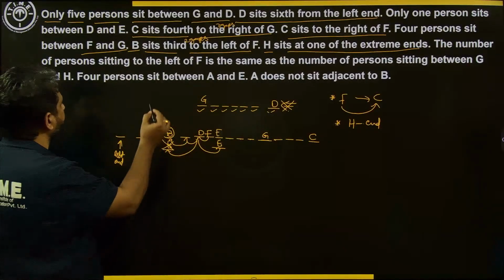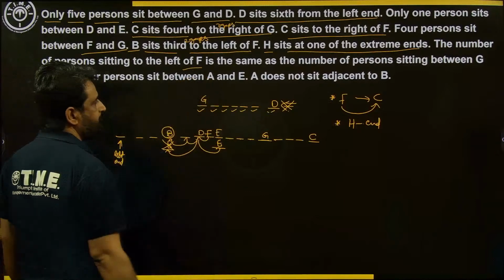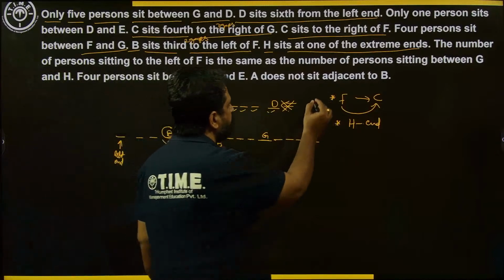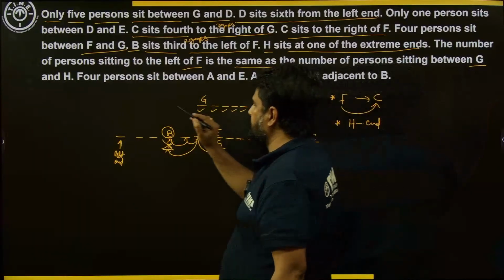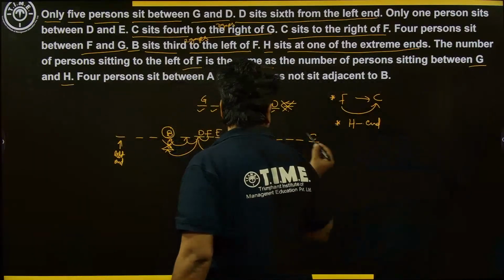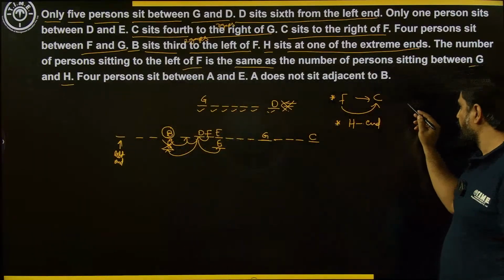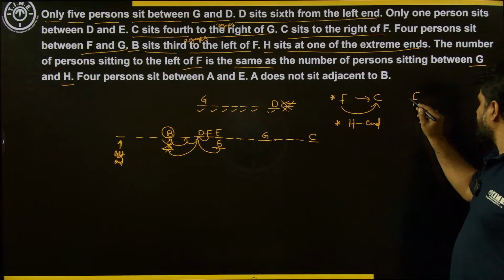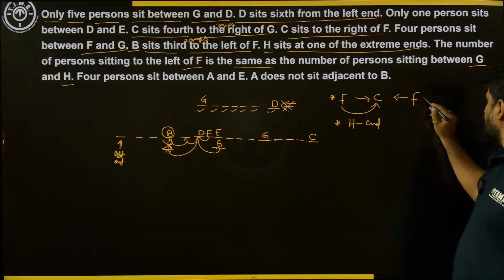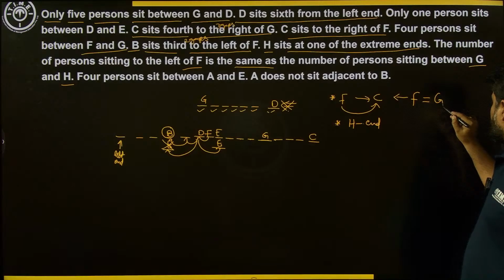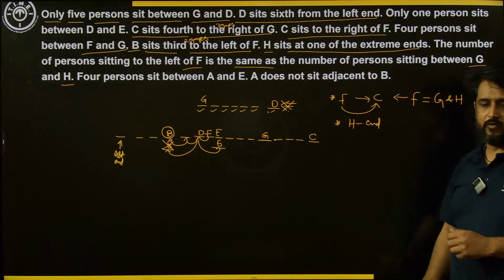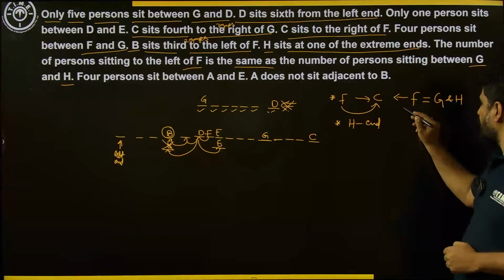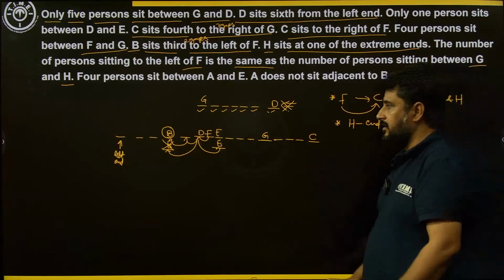The number of persons sitting to the left side of F is the same as the number of persons sitting between G and H. Now we need to understand this clue carefully. We are given that the number of persons to the left side of F is equal to the number of persons sitting between G and H. Now how many persons are to the left of F?